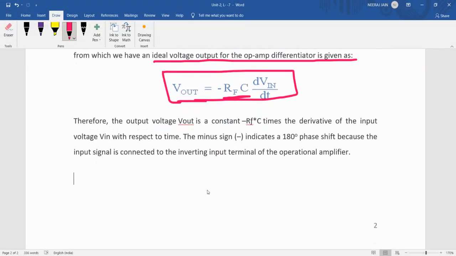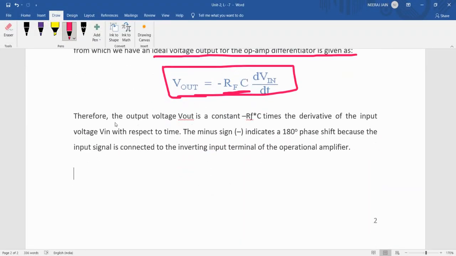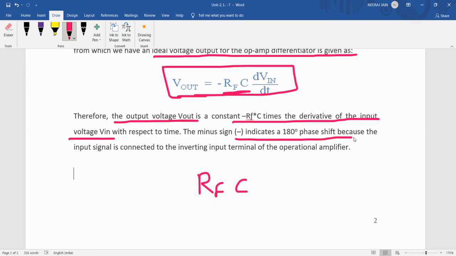Now come to the conclusion. The output voltage V out is a constant RFC times the derivative of the input voltage. RFC is a constant value, and the minus sign indicates a 180-degree phase shift because the input signal is connected to the inverting input terminal of the operational amplifier.